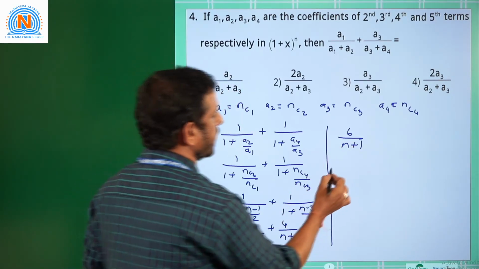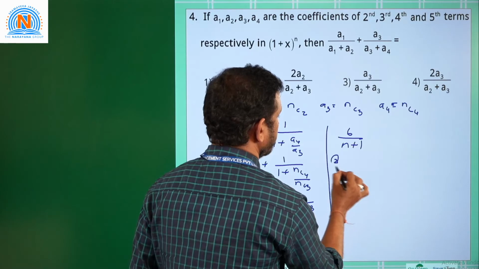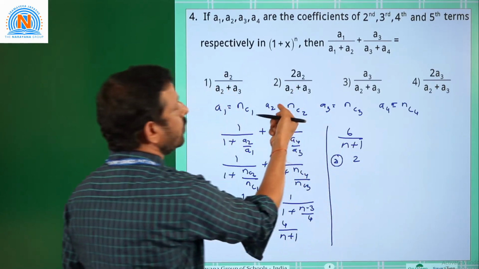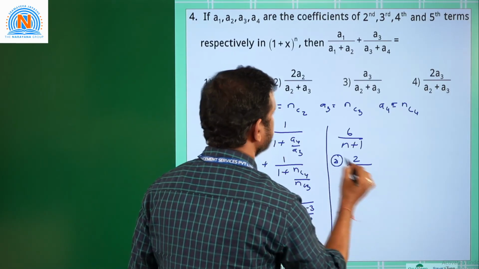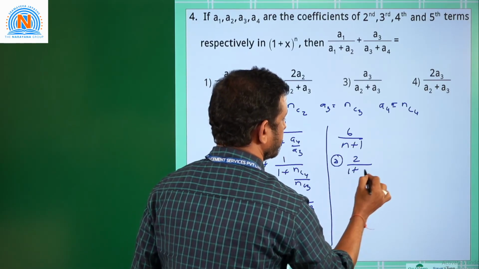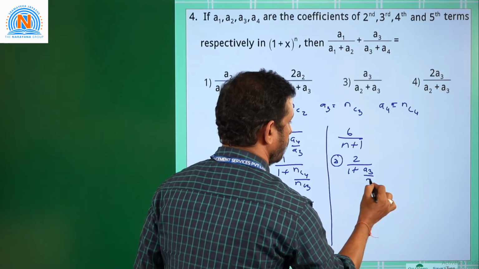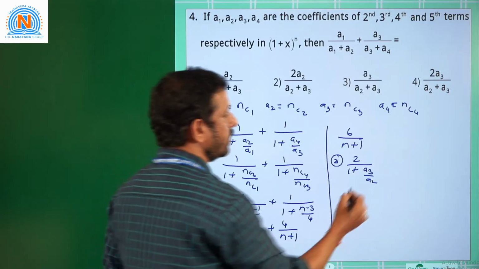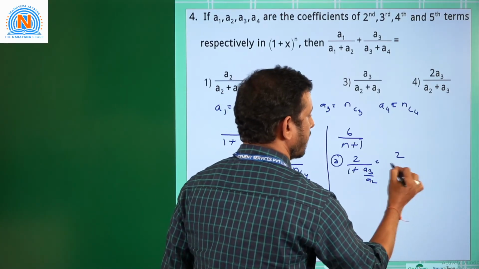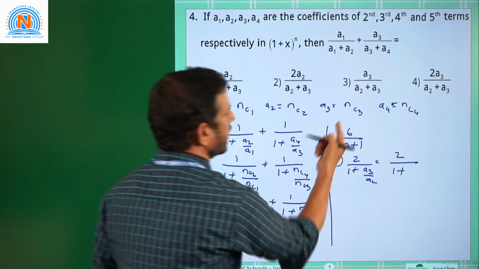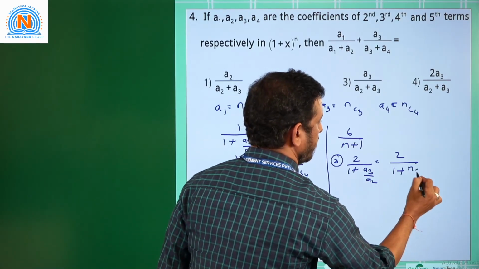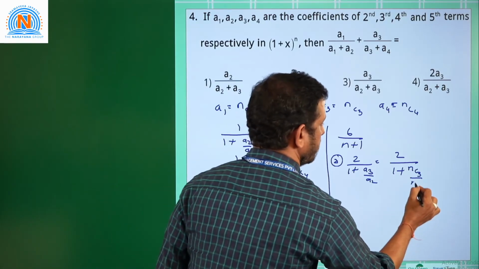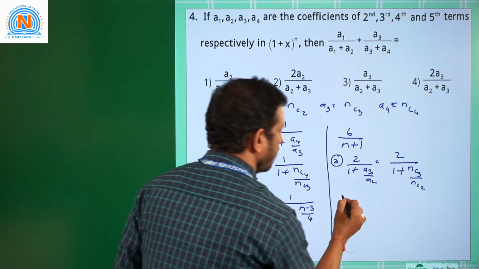So if I check the second option, we have 2 times A2 by (A2 plus A3). Therefore I will write this as 2 by (1 plus A3 by A2). Therefore this is nothing but 2 by 1 plus, now A3 is nC3 and A2 is nC2.